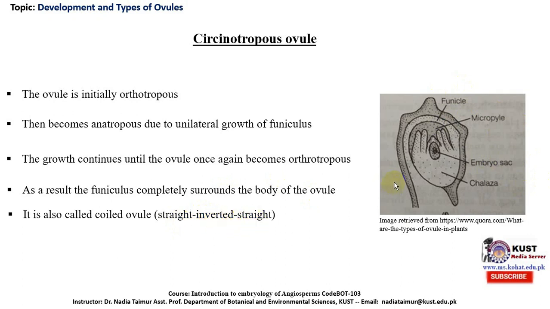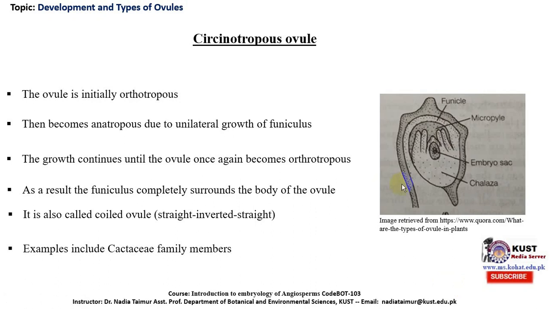So the most important feature of this ovule is that the funiculus surrounds the whole body of the ovule, and for this reason this ovule is also known as coiled ovule. This ovule turns at 360 degrees during development. Notable examples include members of family Cactaceae.